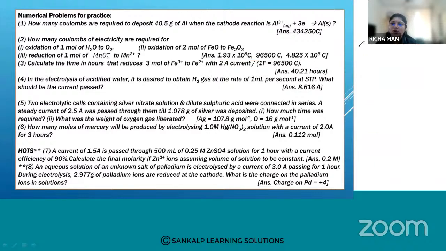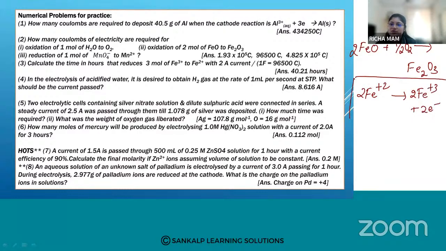See here, oxidation means there will be loss of electrons. So FeO plus half O2 gives you Fe2O3, right? How will this undergo? It will undergo 2Fe plus 2 giving you 2Fe plus 3 plus 2 electrons. Like this you will obtain.